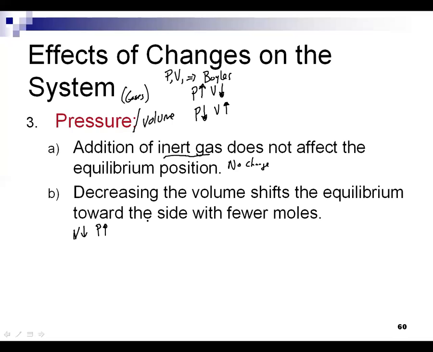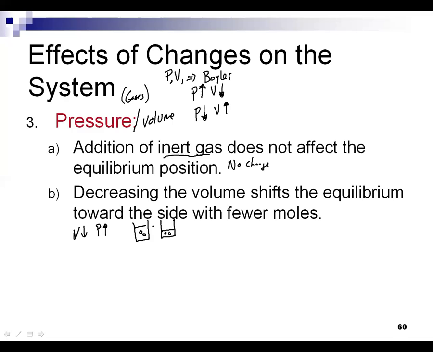So if we have this system with some gas molecules in there, and we decide we're going to decrease the volume, obviously the pressure is going to go up because everybody has less space to fly around in, which increases the number of collisions and causes the pressure to go up.